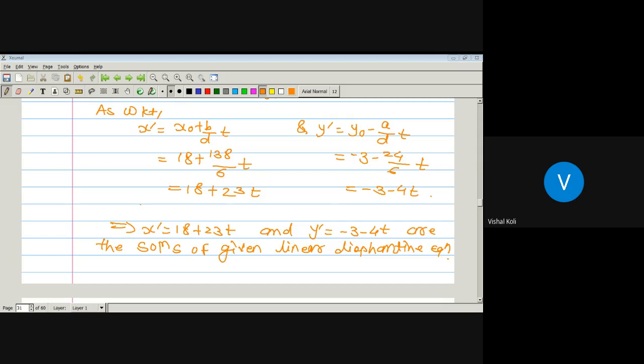Okay, this solution can also be expressed in this form, that is, whenever we replace t by minus t, then it is nothing but 18 minus 23 into t. But whenever we replace the value of t as minus t, then we have to replace in both x dash and y dash at a time. So it is nothing but minus 3 plus 4t.